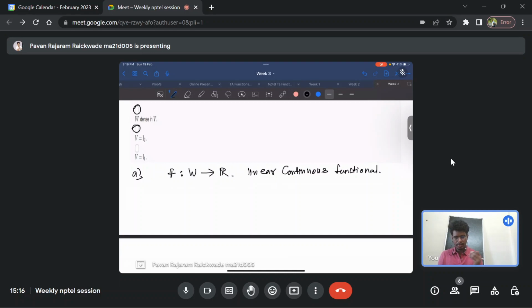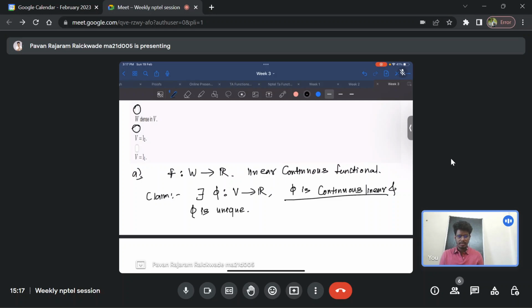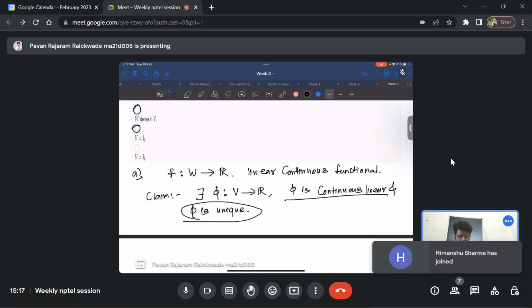I have to define a functional; the claim is there exists phi from V to R such that phi is continuous linear, and let's say phi is unique. The existence of a continuous linear functional will be taken care of by the Hahn-Banach extension theorem. The only thing we have to check is uniqueness.